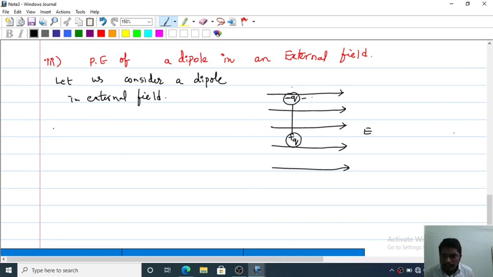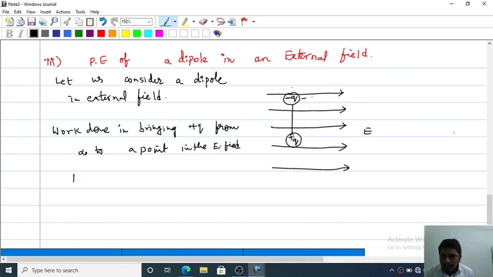Equipotential points. Therefore, work done in bringing plus q from infinity to a point in the external field is given by W = q V(R), let it be, where the electrical potential is V(R).